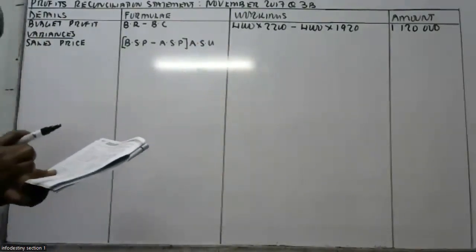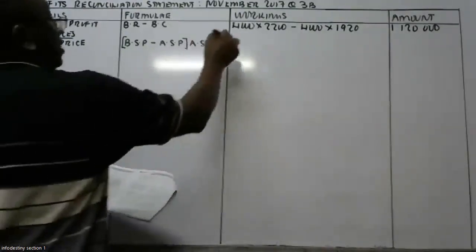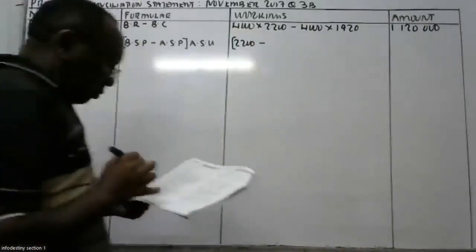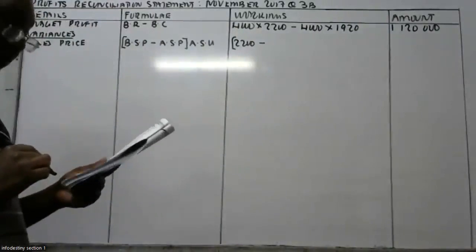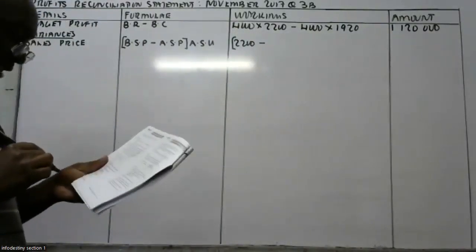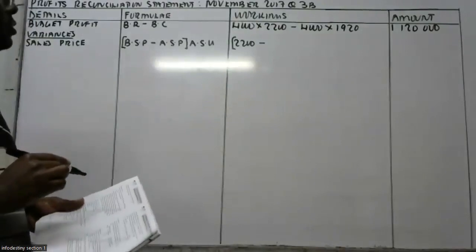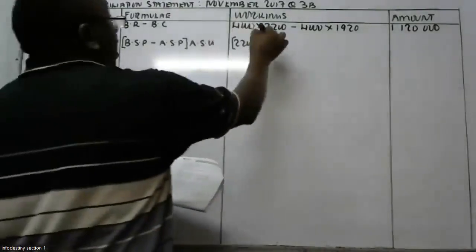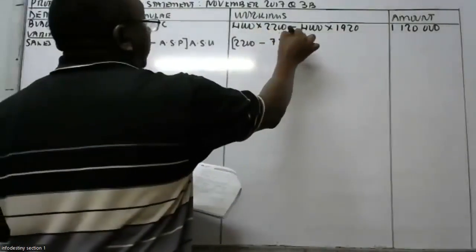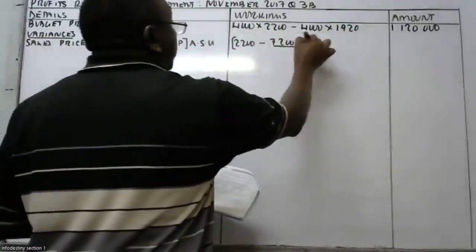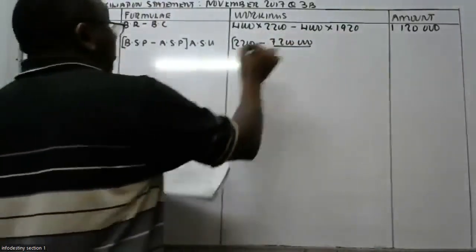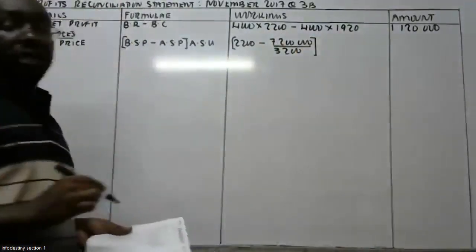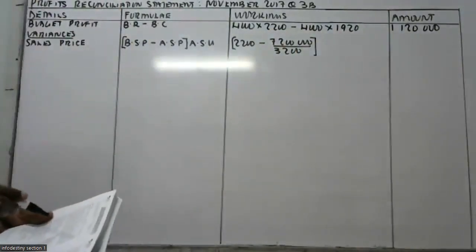If you look above, the budget selling price we know is 2,200. Now if you go down, you can see where we have sales of 7,200,000. You divide this by the units that were sold, 3,200. That will give you the actual selling price.